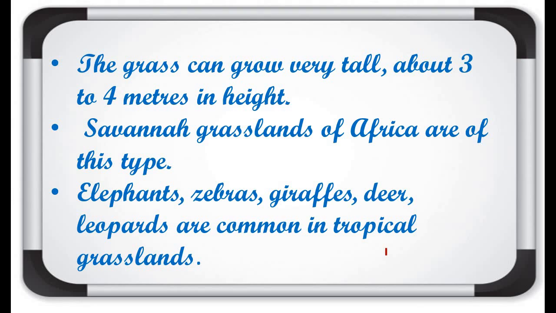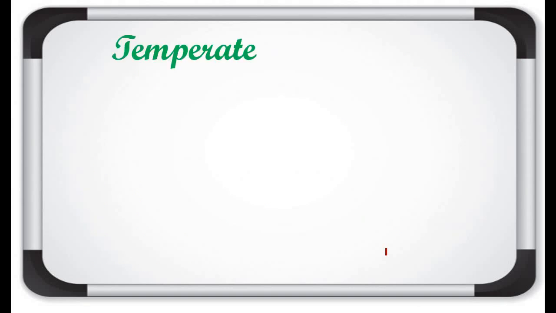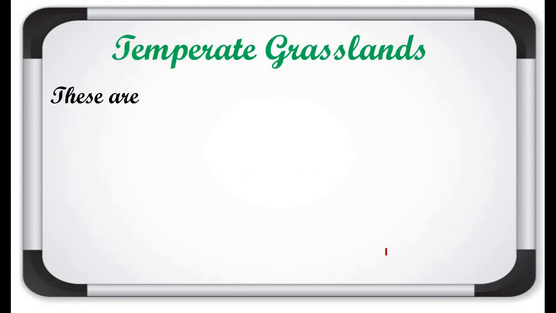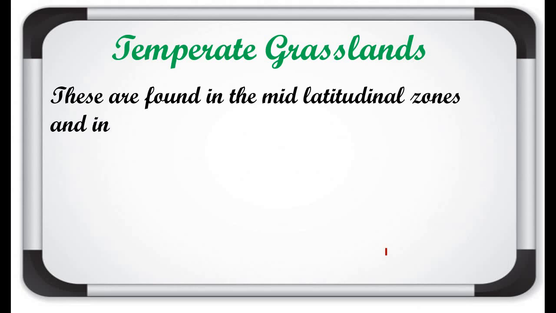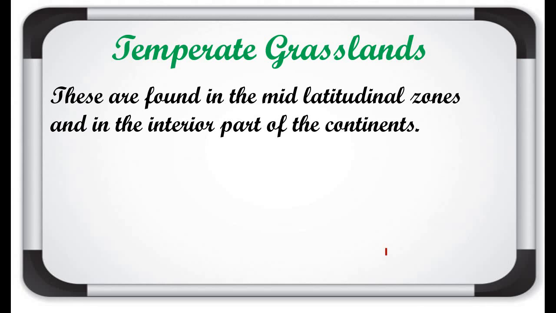Okay, now we will discuss the temperate grassland. Temperate grasslands are found in the mid-latitudinal zones and in the interior parts of the continents. Yesterday also I told you about the torrid zone, temperate zone, and frigid zone.